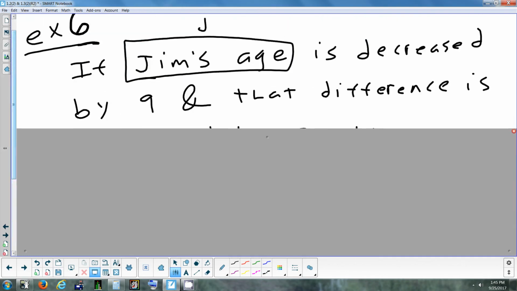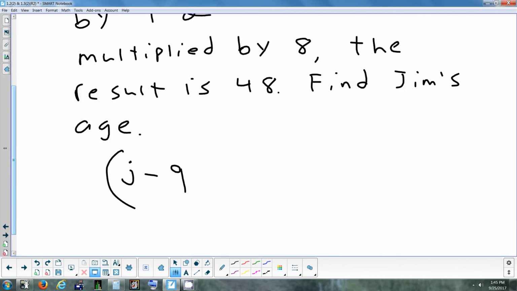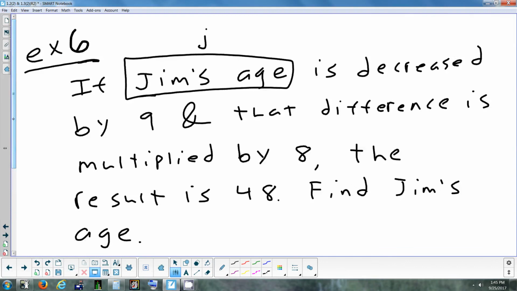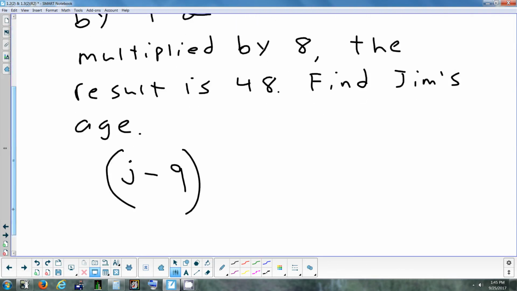Now, it says that difference, that thing that we just did, is multiplied by 8. So how would I write that down? If that difference is multiplied by 8, what would I do? Put 8 next to those parentheses. Yep. That difference is multiplied by 8.